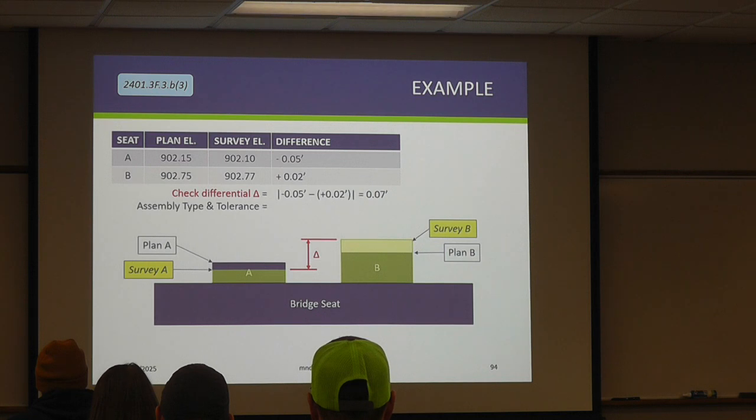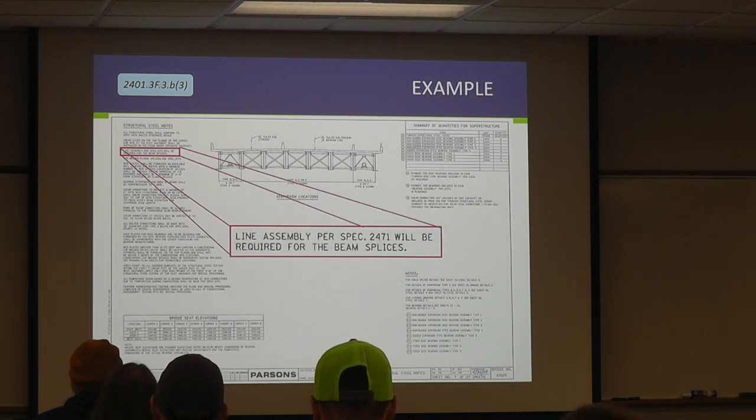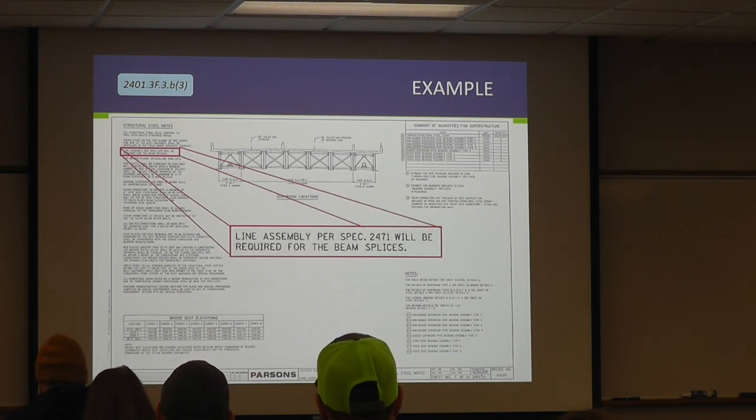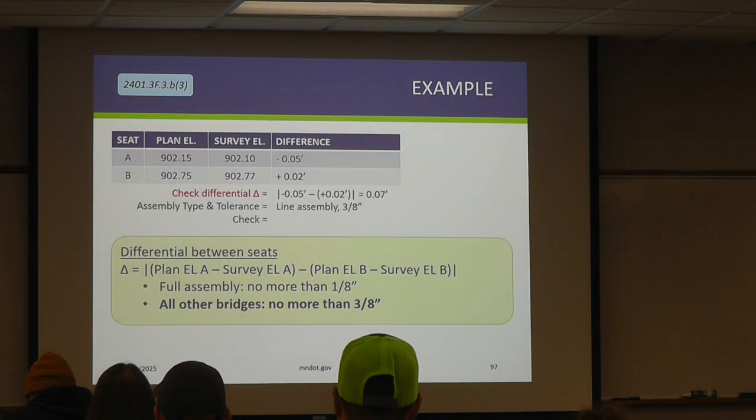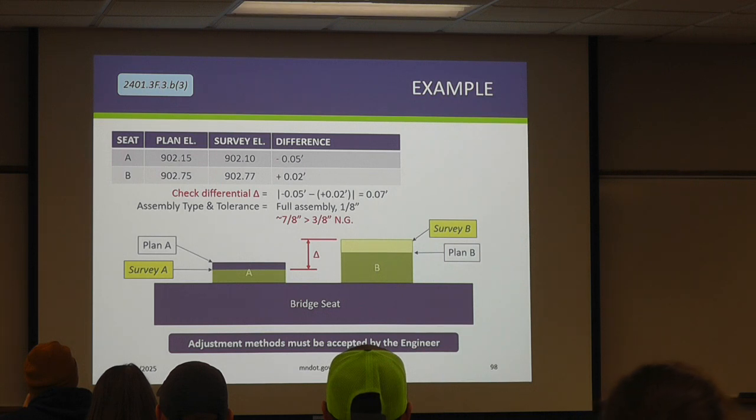Does that seem like that fits any of the tolerances we talked about? So go to our plan sheet, find that it's line assembly, so we get 3/8 in this case. No, we don't meet either of them, right? 3/8. So the contractor's got to come out here with a plan.